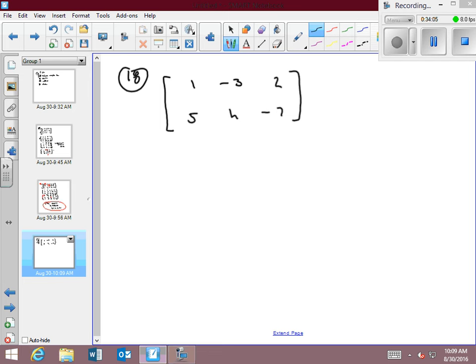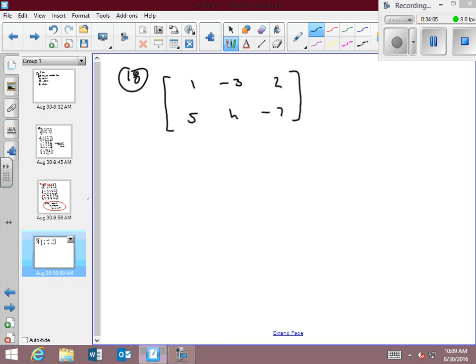Now then, let's look at this thing. It says, determine the values of H such that the matrix is an augmented matrix of a consistent linear system.